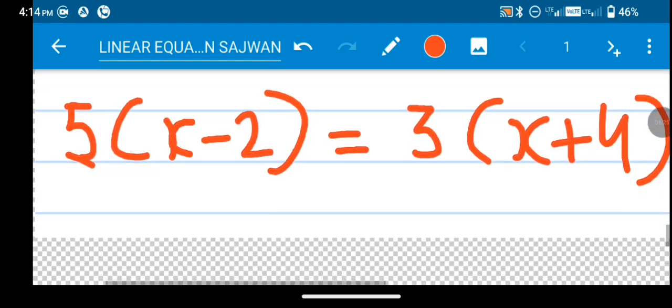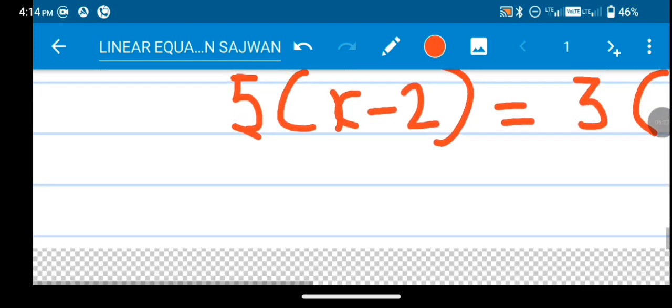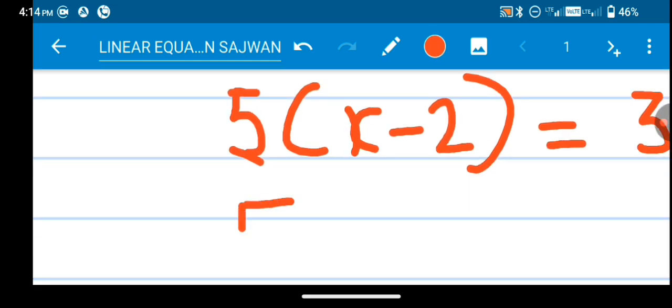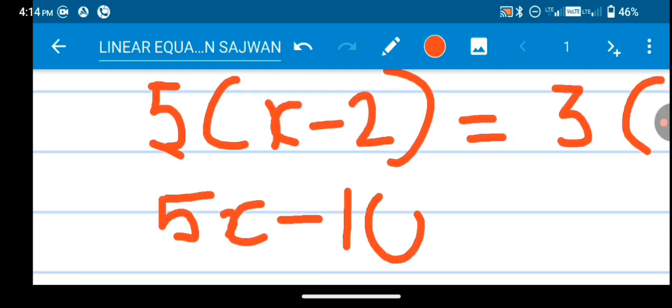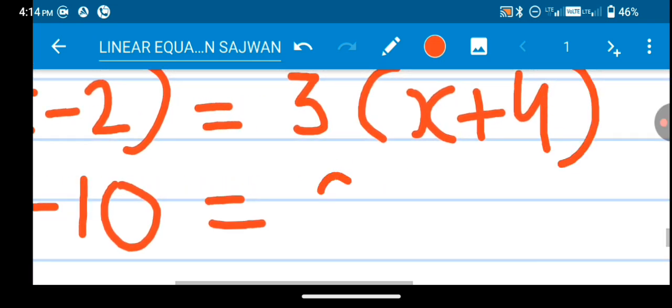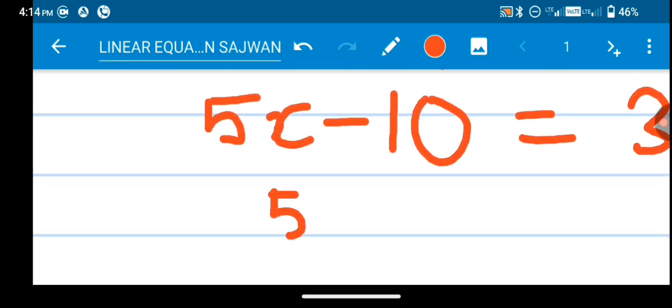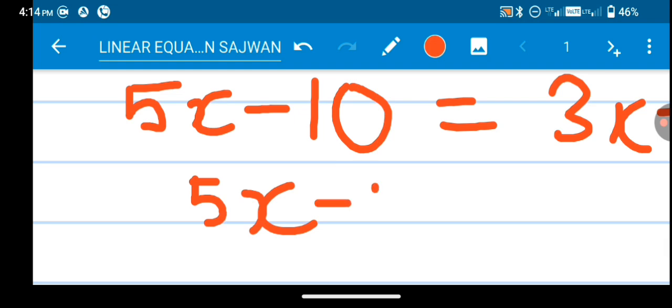Okay, I think you have tried. Whenever we have to remove a bracket, we always multiply. 5 multiplied by x will be 5x. 5 multiplied by 2 will be 10. 3 multiplied by x will be 3x. 3 multiplied by 4 will be 12. Now transpose 5x: it is positive, so it will be negative.